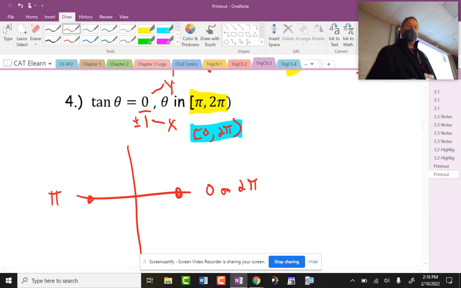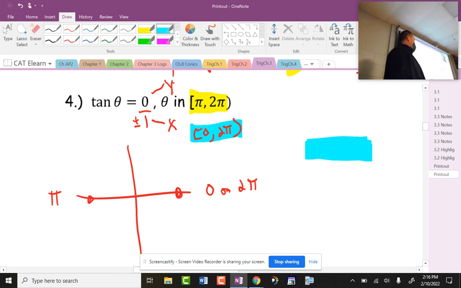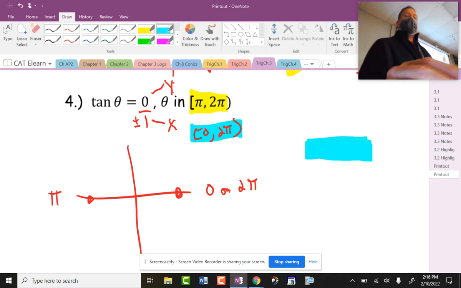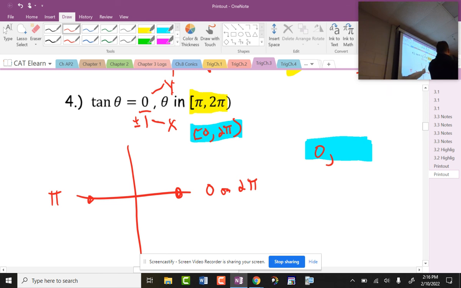So tomorrow, how do I answer this? Do I use 0 or do I use 2 pi? What's the answer? 3, 2, 1, go. 0. I actually have to take a half point for those that put 2 pi for that. Because you're wrong. You're not supposed to put 2 pi. That's why they put that, because 2 pi is repetitive to 0. So just 0 instead of 2 pi.